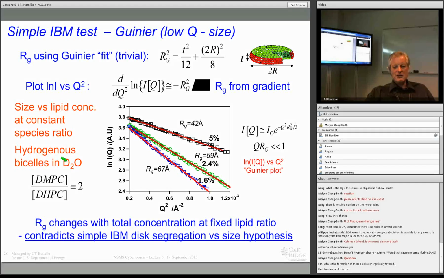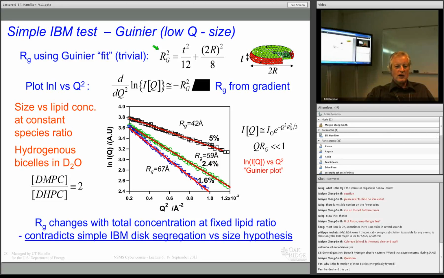And the ideal bicelle model would say that if we did this experiment, the Rg for every one of those, as we changed the concentration, would be the same.